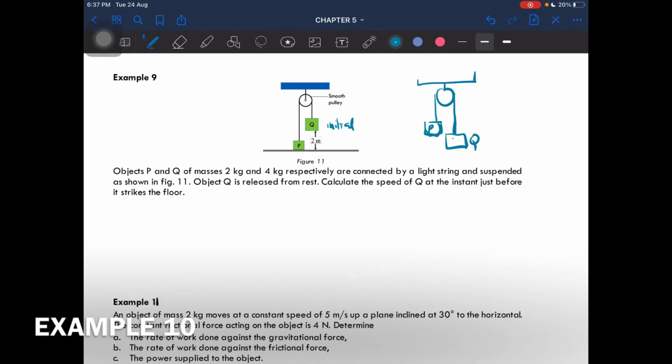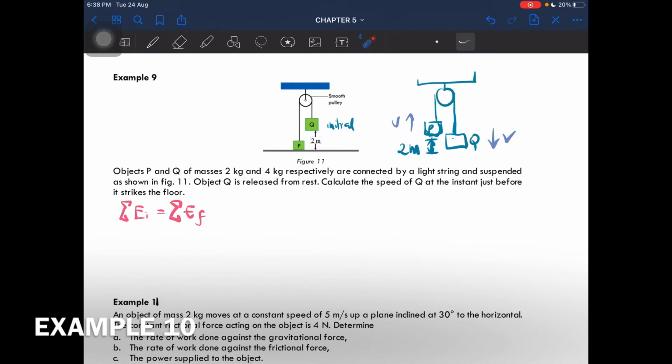This is P, this is Q. The height is still going to be 2 meters, but now it has a velocity as it goes up, as Q goes down. If you come across this type of question, it always relates to the principle of conservation of energy. We are going to answer this based on the diagram I've just drawn.